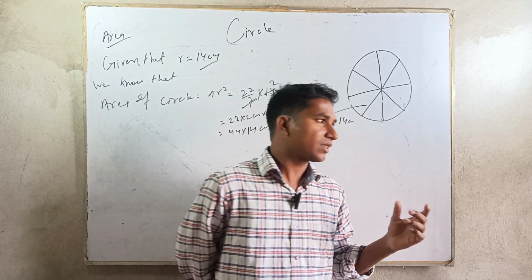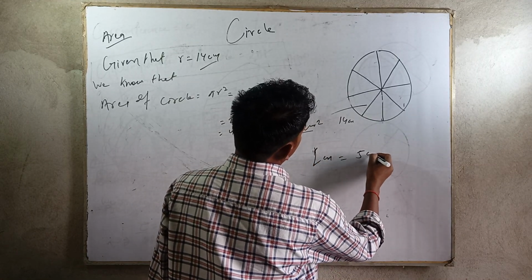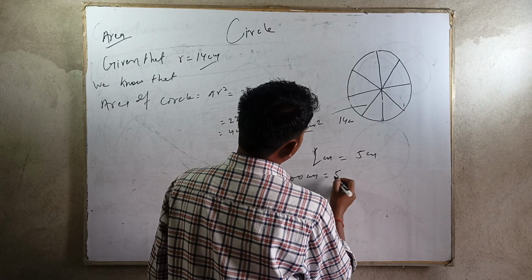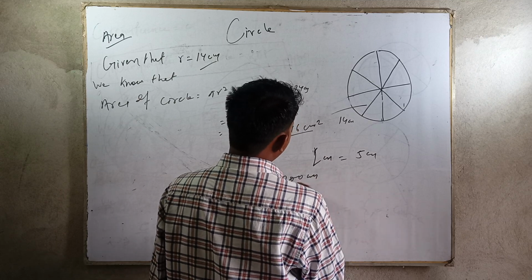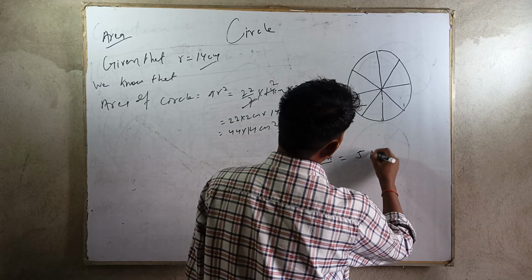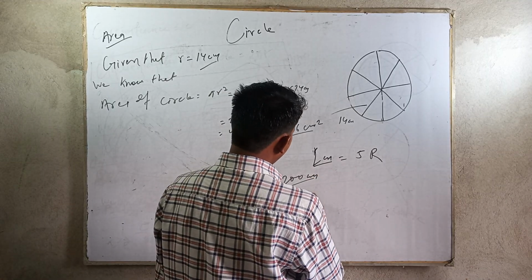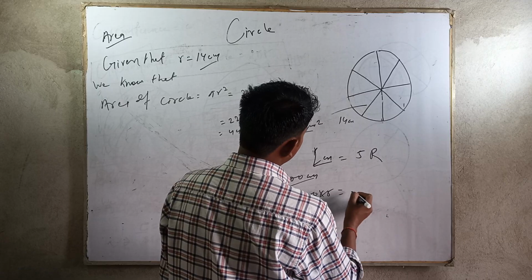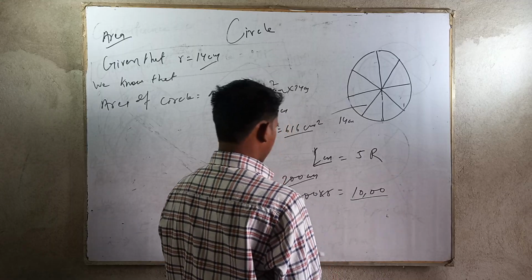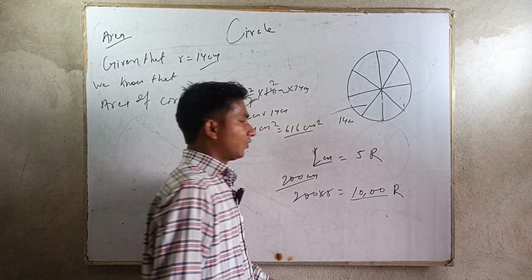If I know that 1 centimeter of fencing is 5 rupees, and I have 200 centimeter, then how much money will be spent? I will multiply by 5, then it will be 1000 rupees. This is the requirement, to spend 1000 rupees for fencing.